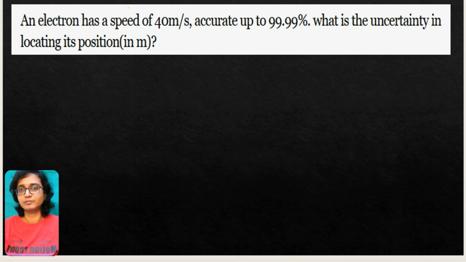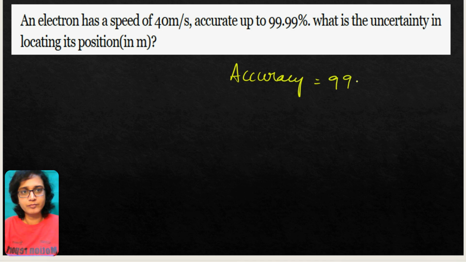An electron has a speed of 40 meters per second, accurate up to 99.99 percent. What is the uncertainty in locating its position? They are asking for delta x, the uncertainty in position.